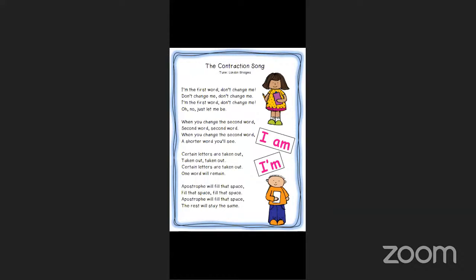I'm the first word. Don't change me. I'm the first word. Don't change me. Oh no, just let me be. When you change the second word, a shorter word you'll see.